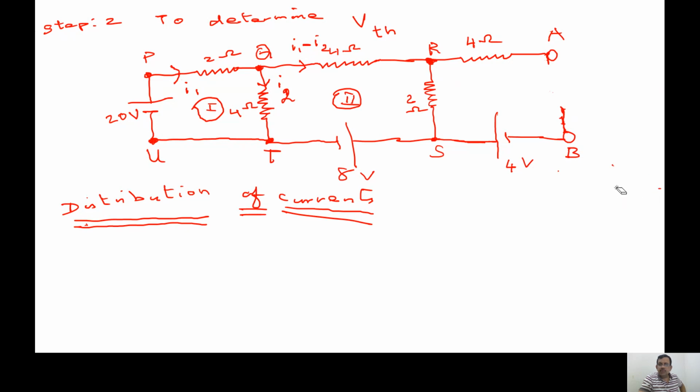So this is an open terminal, AB is open. So there won't be any current flowing through the arm RA. The current I1 minus I2 will flow through these 2 ohms. It won't flow here because it is an open terminal.